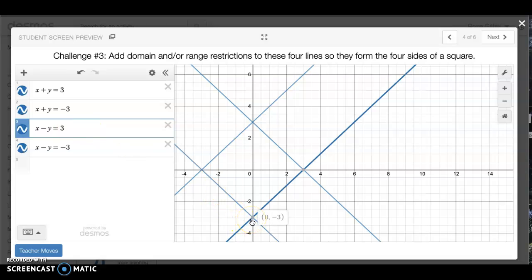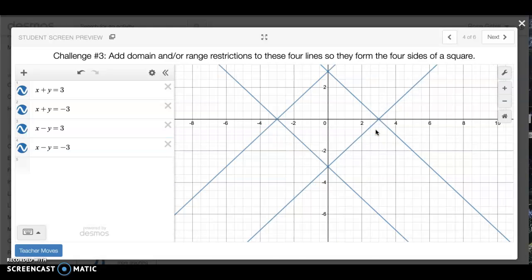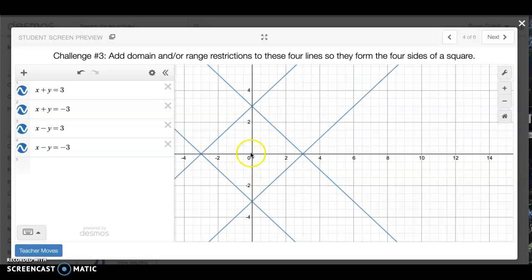Either one would work, but I'm going to restrict the domain. I only want this line to exist between the x value of 0 and the x value of 3.